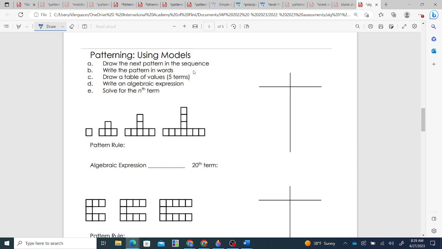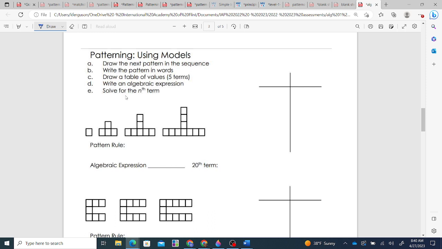Draw the next pattern in the sequence. So we got a couple things we need to do. Then write the pattern in words. Draw a table of values. So I should have 5 terms over here. And then write an algebraic expression. Solve for the nth term.